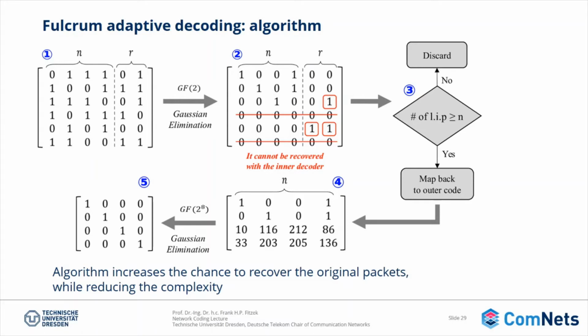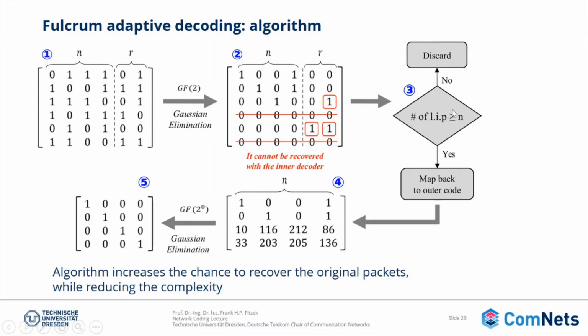In this example, we need at least 6 linearly independent packets to recover this generation in binary because we have n equal 4 and r equal 2. But the number of linearly independent coded packets here is 4. Thus, they are enough to decode with a higher field size.